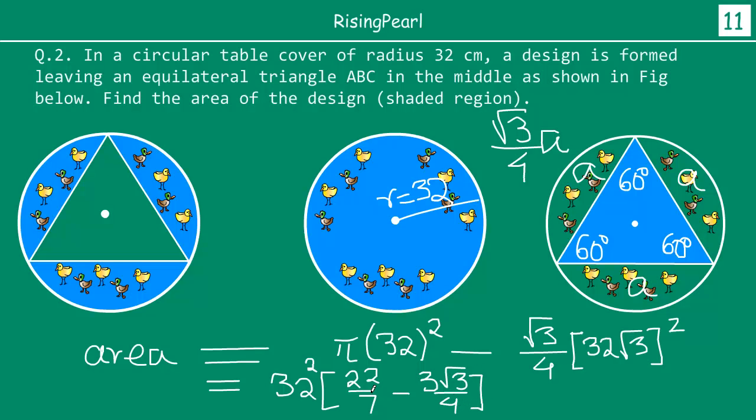If you simplify this, you will find the value of the area of the design, which is basically equal to the area of the circle minus the area of the equilateral triangle.